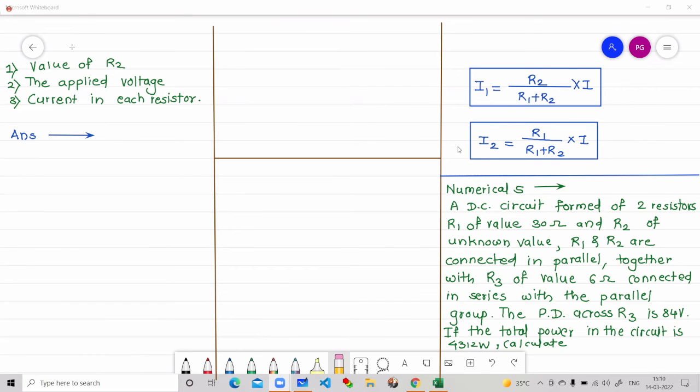Are you doing it? Yes, ma'am. Okay, fine, do it. I will also draw the diagram. Meanwhile, that will save our time. R1 R2 parallel and in series with R3.